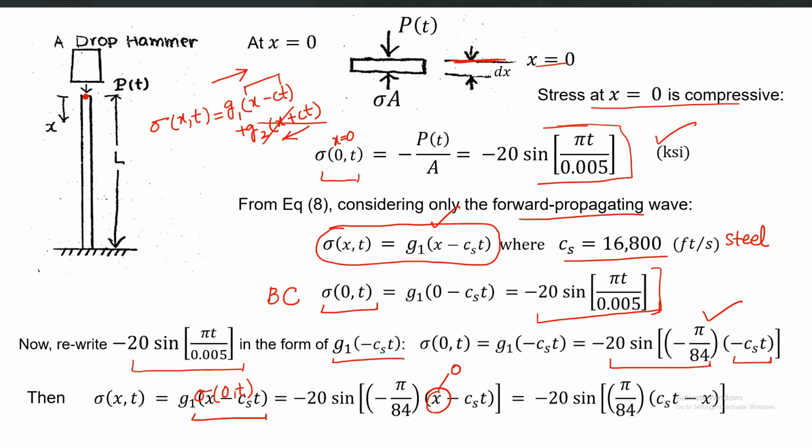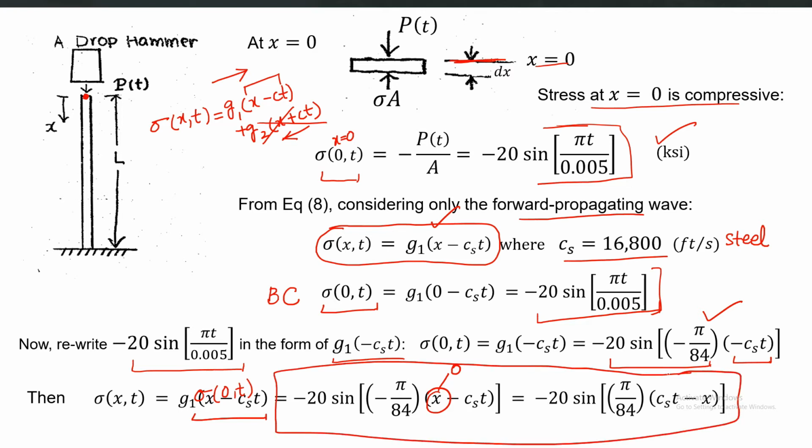This final line is our final g1 function, which describes the stress variation along the length, or stress traveling along the length. If we plot this sigma x comma t, it will give us the stress movement, or how the stress is traveling along the length of this rod. Okay, let me repeat it.